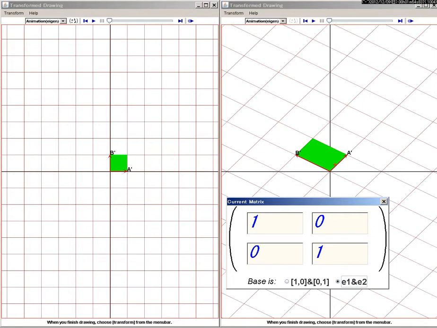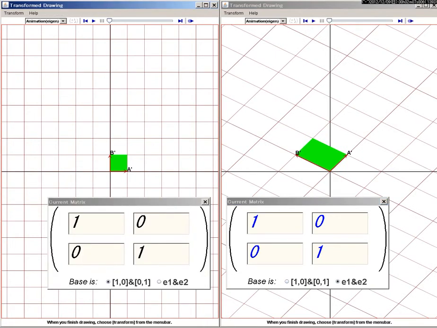E1 here is vector OA and E2 is vector OB, the base of this grid. The base of this grid is (1,0) and (0,1). So it's the same matrix if you use this or this.